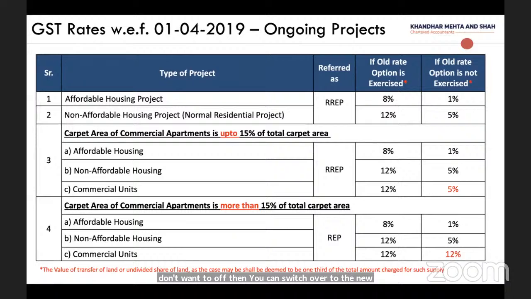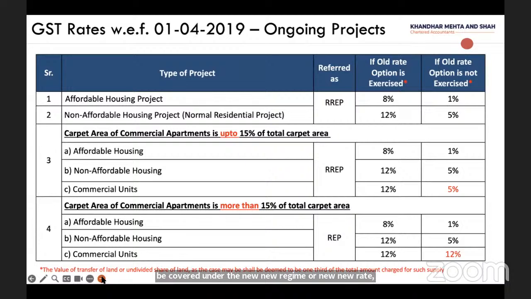So if a project was running at that point of time, I can opt for the older rate by filing an annexure with the department. And if that has not been filed, then automatically I would be covered under the new regime or new rate that is applicable from 1/4/2019.